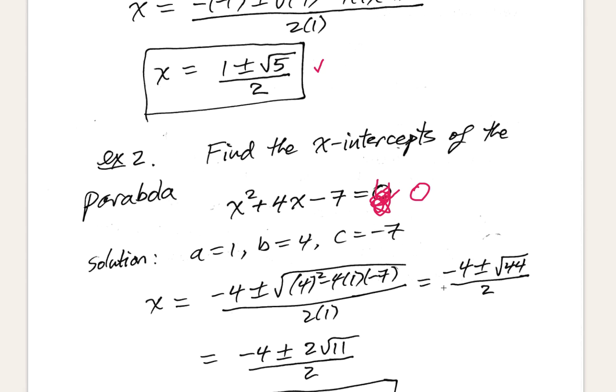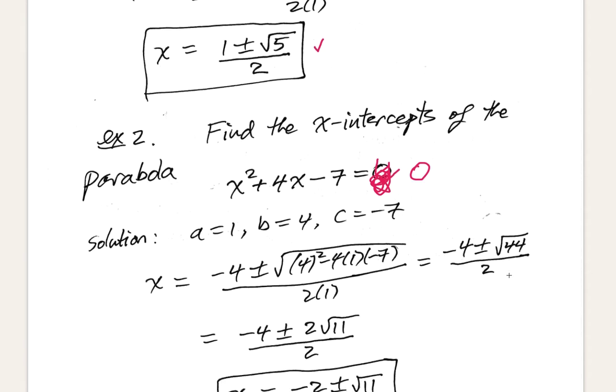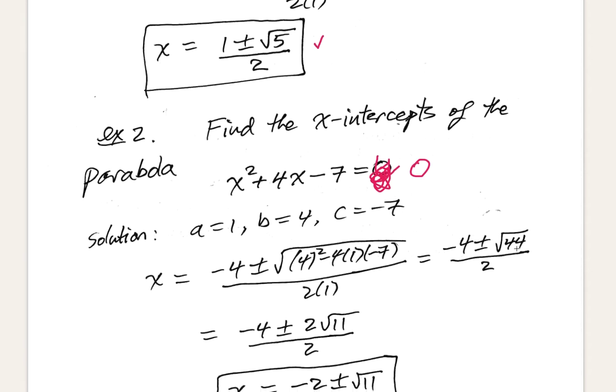Now, do you do the arithmetic here? I think I got it right. I got negative 4 plus or minus the square root of 16 plus 28, which is 44. Okay, now you notice in the square root there, I can actually factor out the square root of 4. The square root of 4 is 2, so I've got actually 2 square root of 11 there instead of the square root of 44.